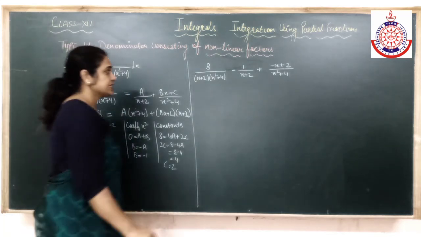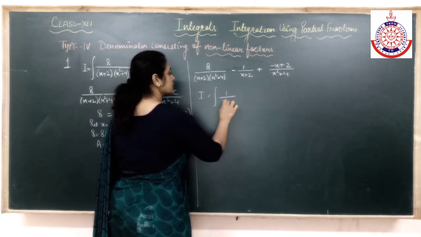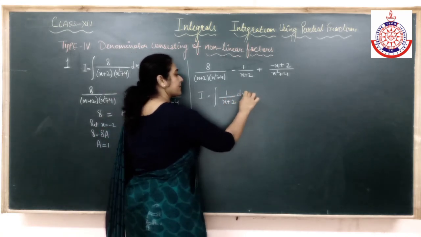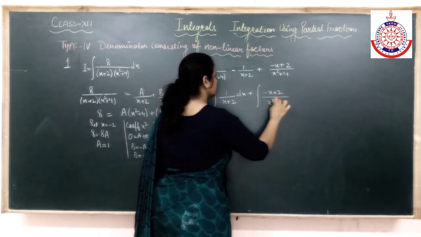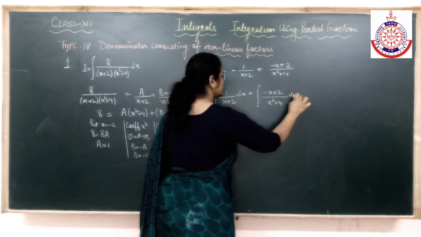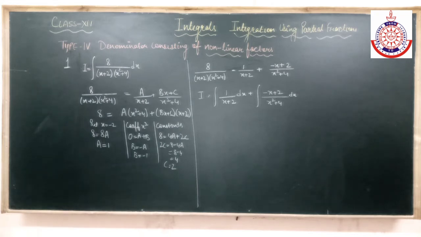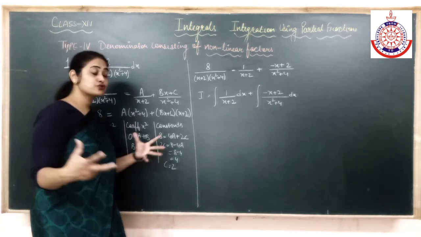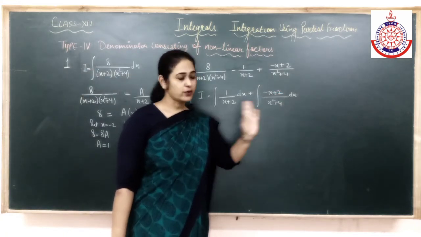So just integrate now. See, the first term is very easy. It is 1 upon x plus 2 that you can easily write down as log. But you need to think about the second one. Alright? See, because questions are going to be mixed, we have done the previous form, that's linear upon quadratic. You can do by that also.